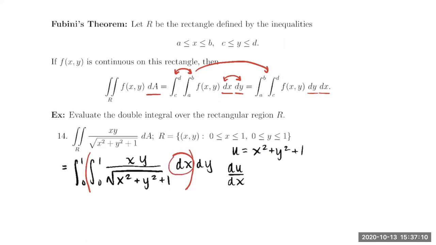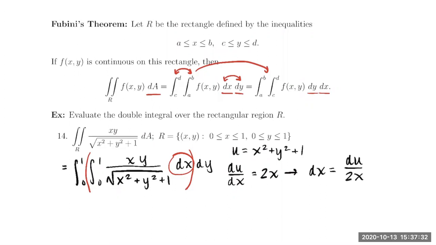So I want to have that involved. So this derivative is a 2x. You'll notice that the y squared and the 1 both go to 0 because I'm taking this partial derivative and those are constants. And so this tells me that dx, if I solve for it algebraically, is du over 2x.